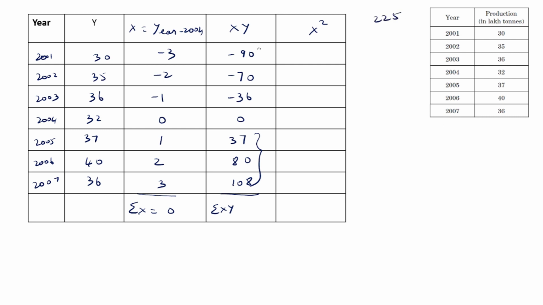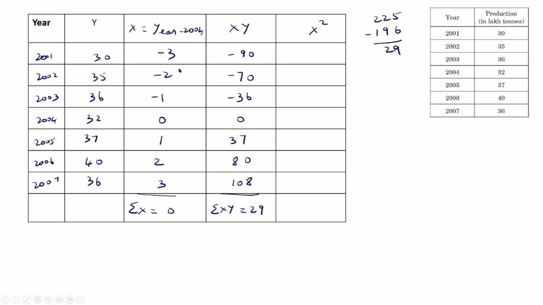And here when we add these three, 90 plus 70 plus 36, it is 196. See here we have a negative sign everywhere. So, it is minus 196. So, as a result, we will get summation xy as 29.